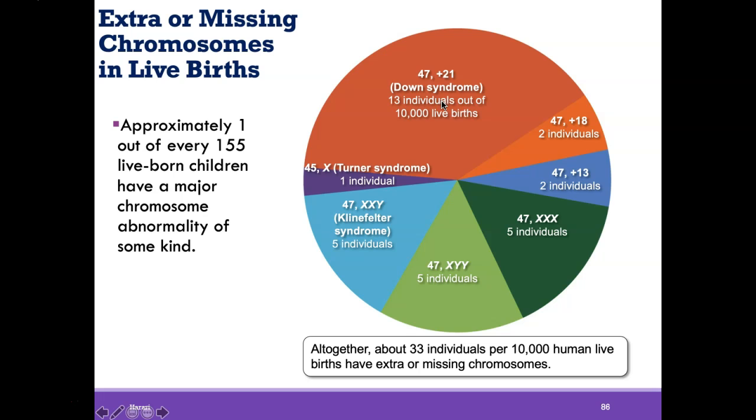About 13 individuals of every 10,000 live births have trisomy 21, with 47 chromosomes. We said Klinefelter syndrome and Turner syndrome are also more common. You have XYY, Jacob syndrome, triplo X, trisomy 13, trisomy 18. Altogether, about 33 individuals per 10,000 live births can survive with an extra or missing chromosome.